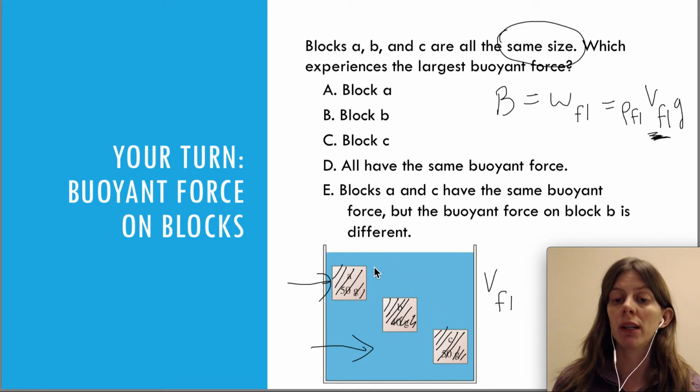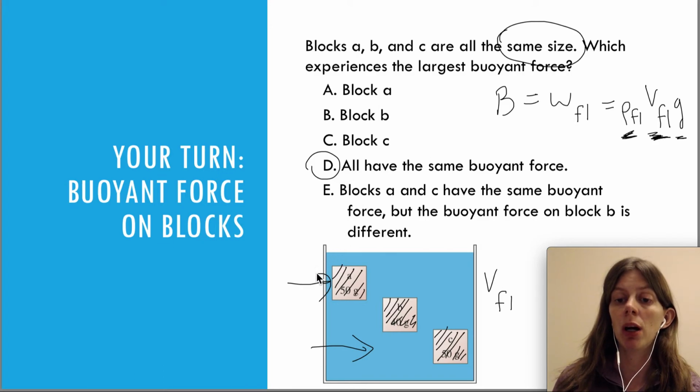We say water is incompressible. Its density remains basically the same no matter how deep you go. So if the density stays the same, the V fluid stays the same, the g stays the same, can you see that the buoyant force is the same on all 3? So that's the answer. They all have the same buoyant force.